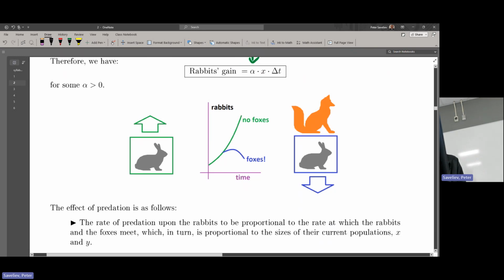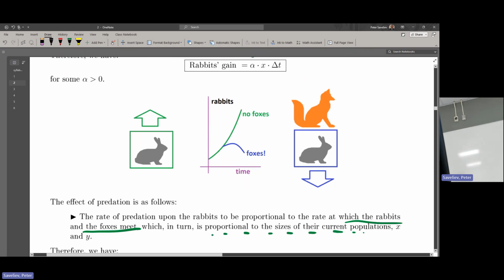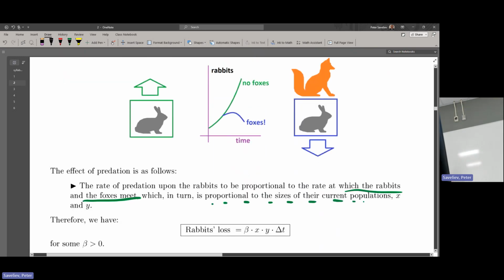So once again, proportional to the rate at which rabbits and foxes meet. And that is proportional to the sizes of the populations x and y. So it becomes instantly non-linear. Okay, this is non-linear.